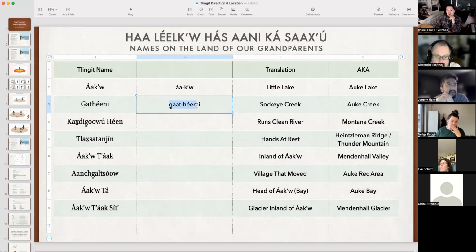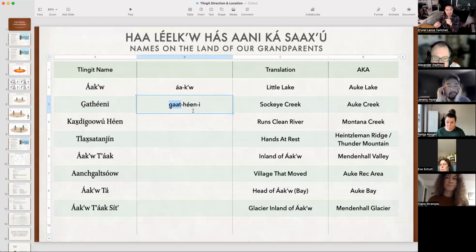So when you have two words, qat heen, that's two words. Sakai, river. Qat heen. But if you smush them together, this is what happens. All the ones on the front, the ones you say first, tend to get smushed into a single vowel. So qat becomes qat, and that vowel is usually low.